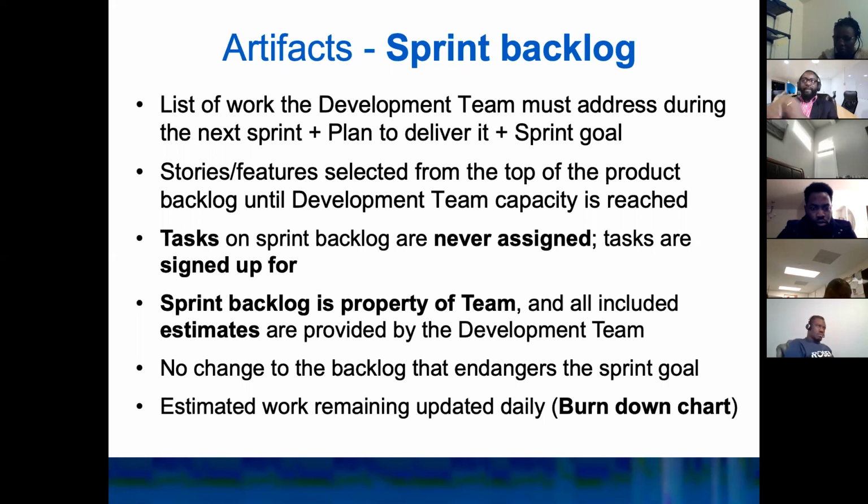Okay, so you have stories and features that are selected from the top of the product backlog until the dev capacity is reached. As I was explaining, you have the highest priority stuff up top, and those are the ones you're taking first. As you take those, you see the story points for each of those items.